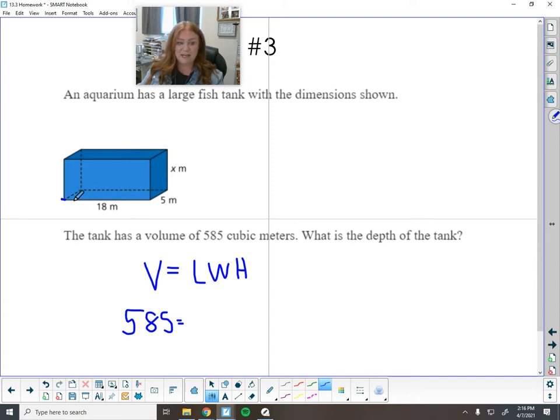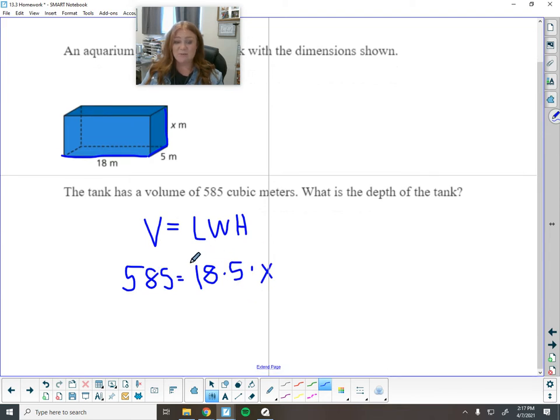We know the length here is 18. We know the width here is 5. And the height, we don't know. They called it x. So we need to get x all by itself. But first, we can multiply this length and width together. So we're going to do 18 times 5 and start with that. Then we want to get that x by itself.